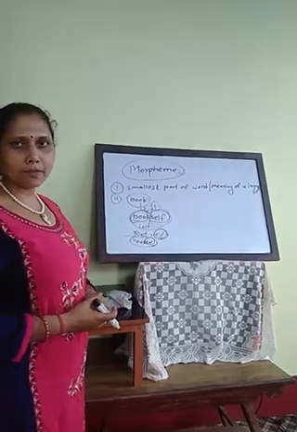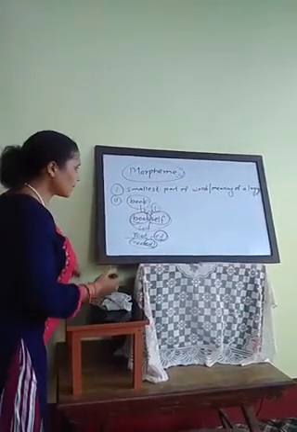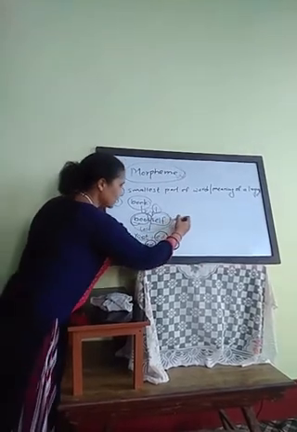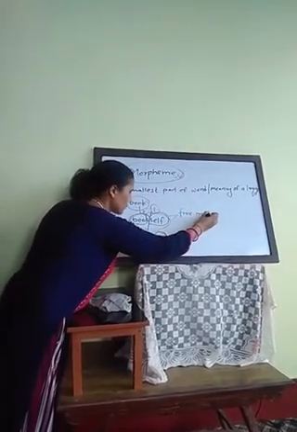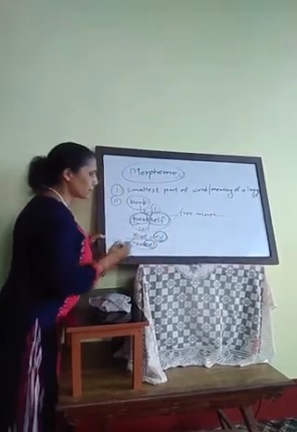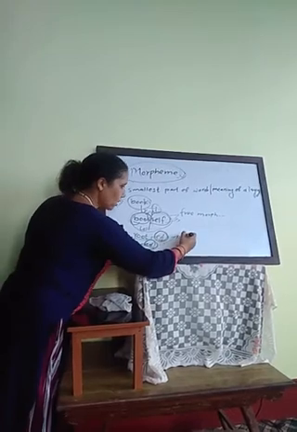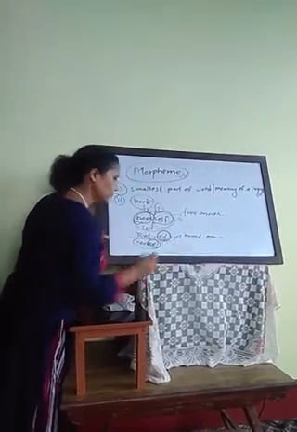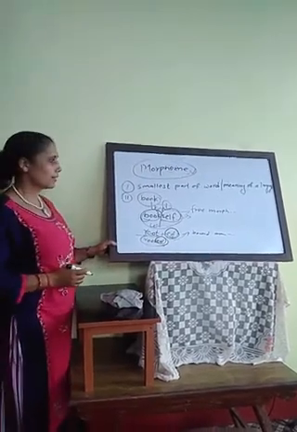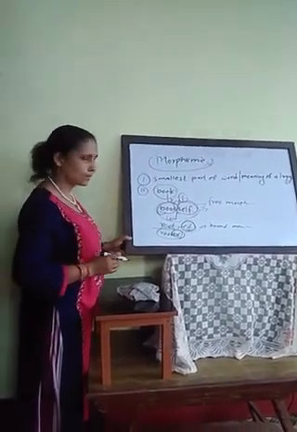There are two types of morpheme. I join differently. One is free morpheme. Look here. One is free morpheme, and this is called bound morpheme. And what is free morpheme and what is bound morpheme? I think you have got some points.